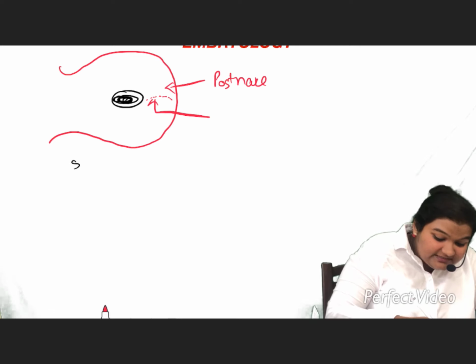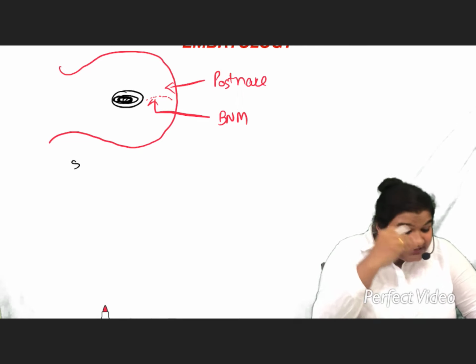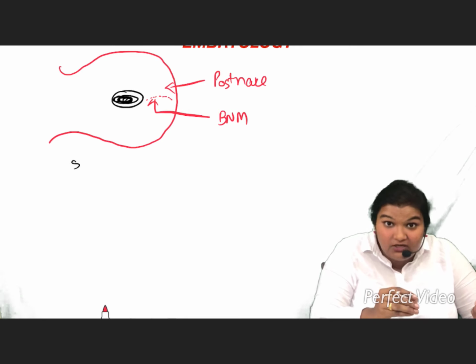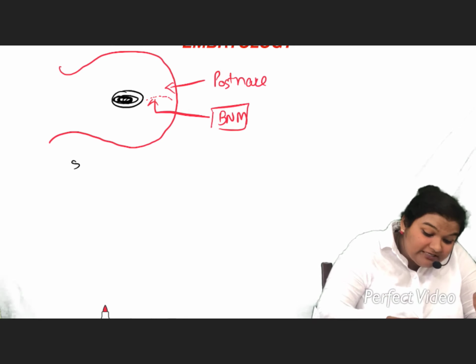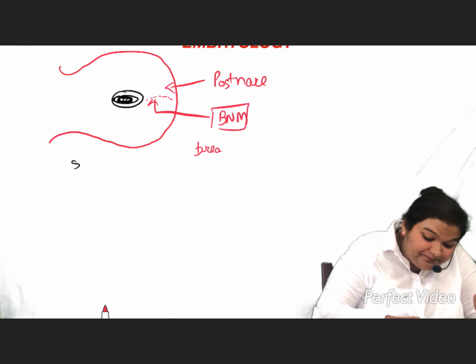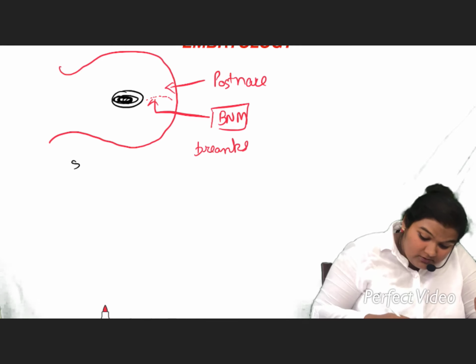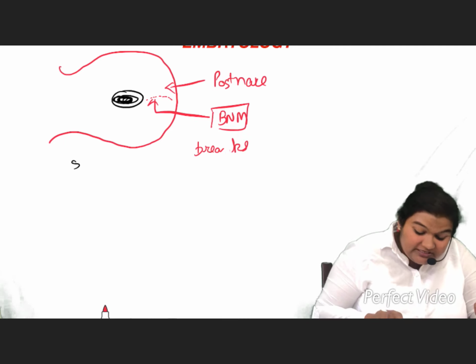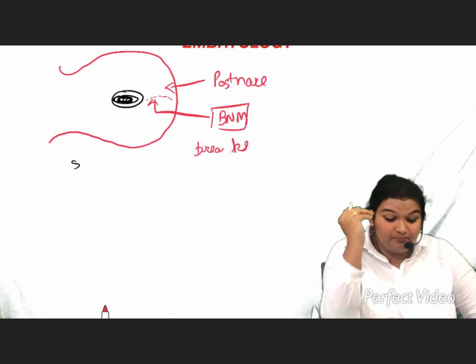Now this is the bucconasal membrane. We get a continuous, non-obstructed posterior nare when this bucconasal membrane breaks.